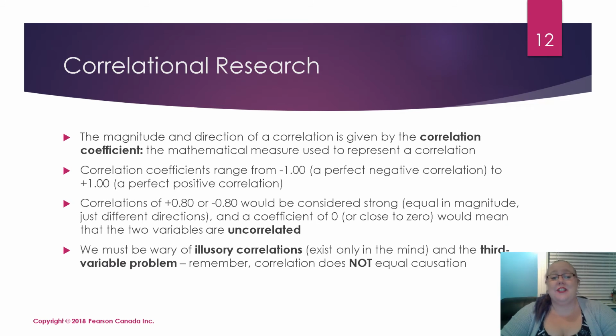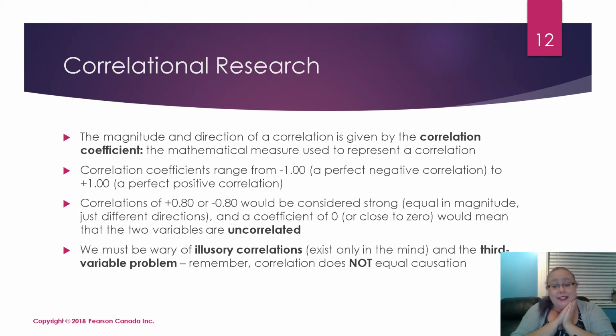So the magnitude and direction of correlation is given by the correlation coefficient. Basically, we give a number, which is the mathematical measure used to represent the correlation. Correlation coefficients range from -1 to +1. So you can think of them as percentages. If you had a -1, that means those variables are pretty much 100% related to each other.